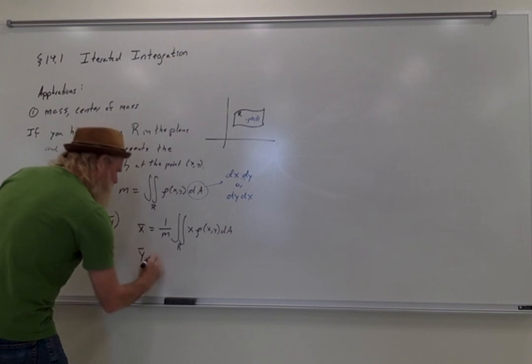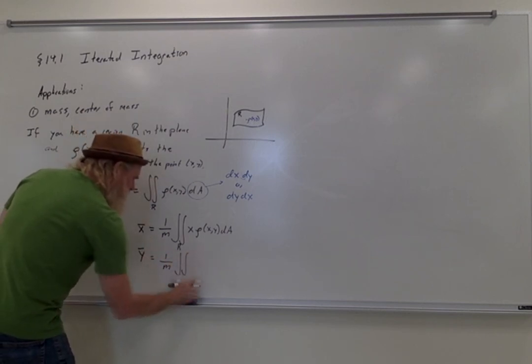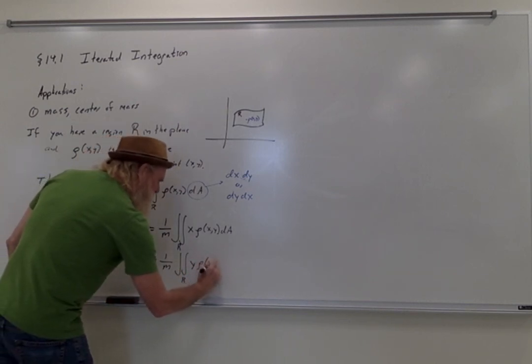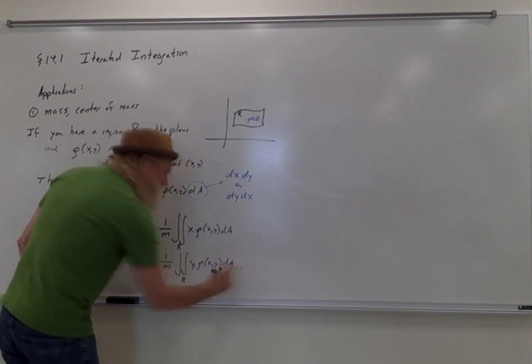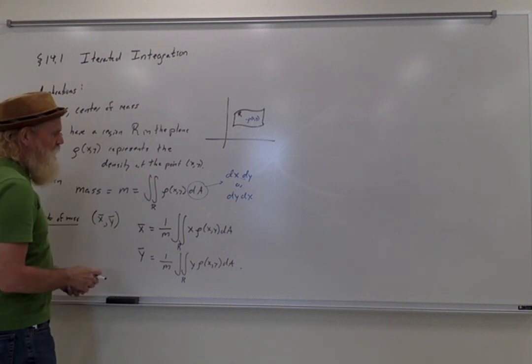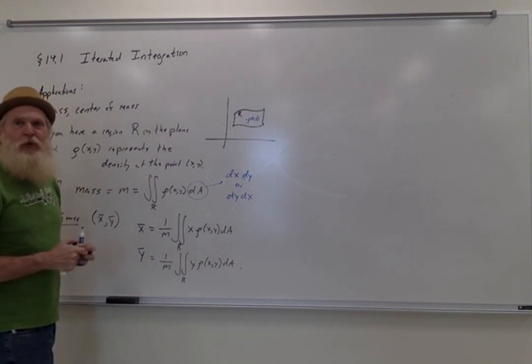And the y coordinate of the center of mass is 1 over mass times the integral over R of y times the density. You might notice the similarity of that to the equations that we had for the center of mass of a curve with variable density.